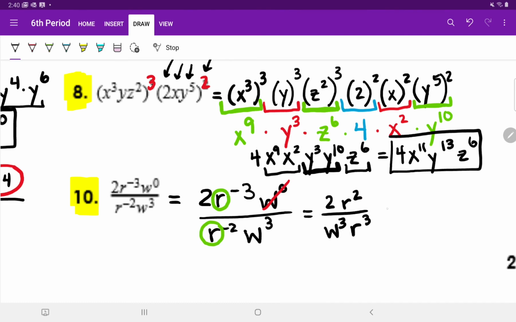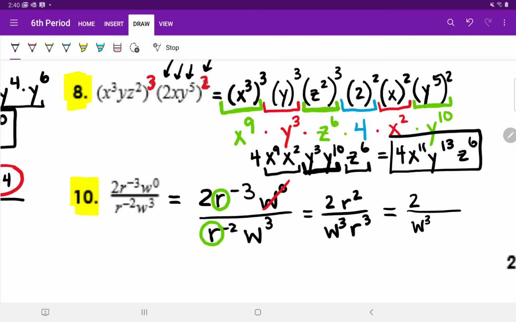Well, now I'm looking at a fraction that has r's on top and r's on bottom. R's divided by r's. So basically, I'm dividing two things that have the same base. So I'm going to be using the quotient rule. The quotient rule says when we divide, we subtract our exponents.